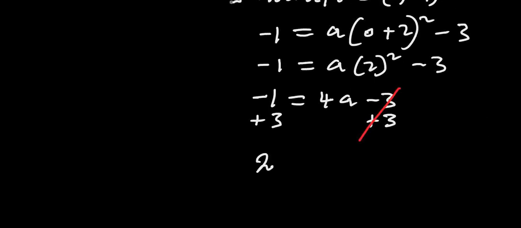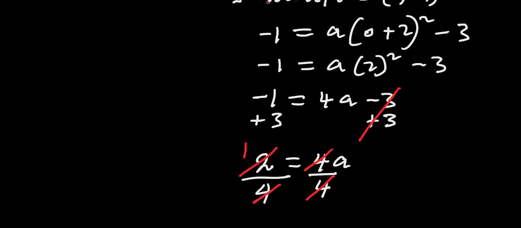So we have 2 is equal to 4a. So we can divide both sides by 4, and 4 will cancel out, and 2 divided by 2 is 1, 4 divided by 2 is 2. So now a is equal to 1/2.